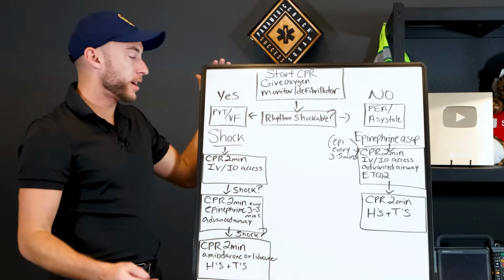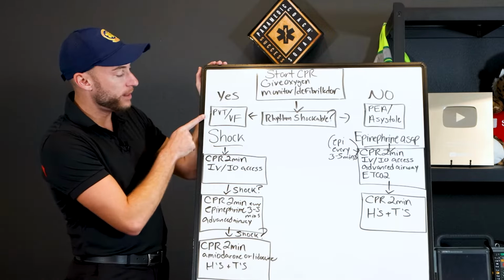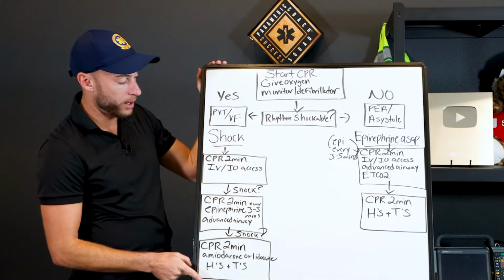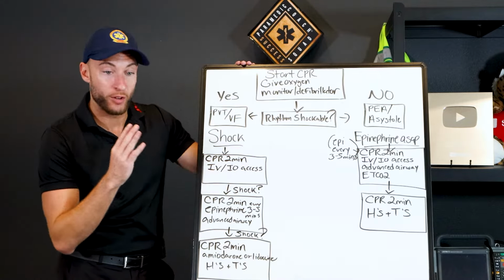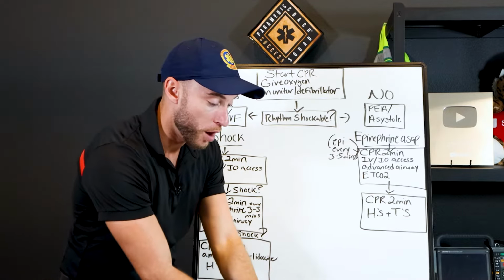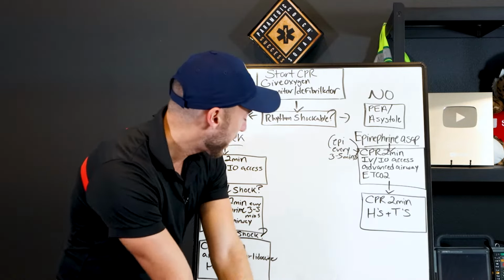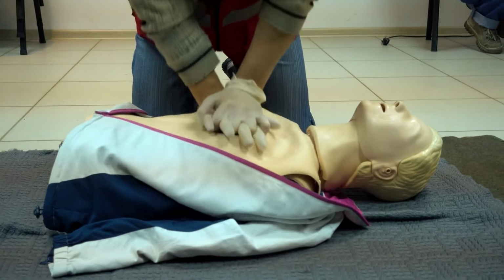Now, we're going to pretend for this algorithm that we just stay over here. Let's say you're in a cardiac arrest and they're going to stay in VT or VF throughout. So here's what we do. We shock the patient. Immediately after we shock, the compressor's hands are hovering over the chest, shock, and right back into the chest, making sure our interruptions are less than 10 seconds.